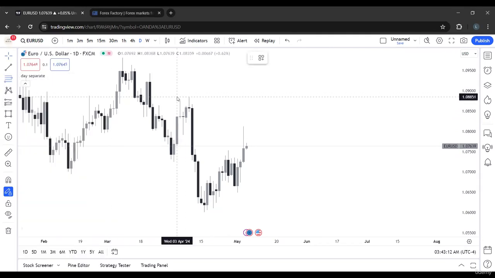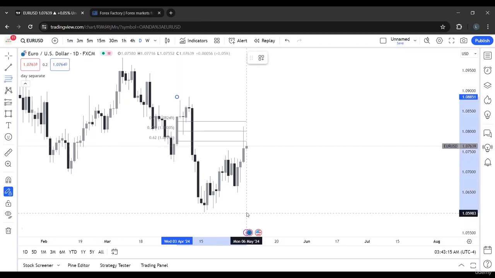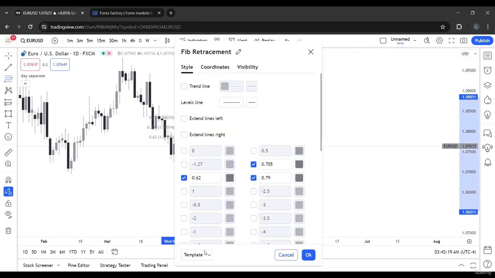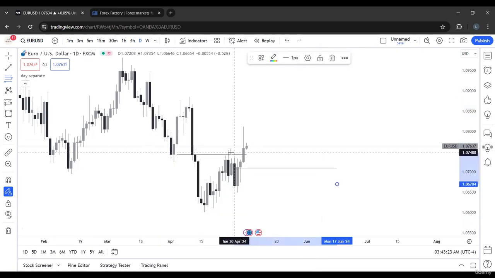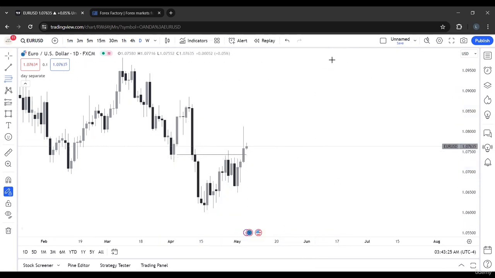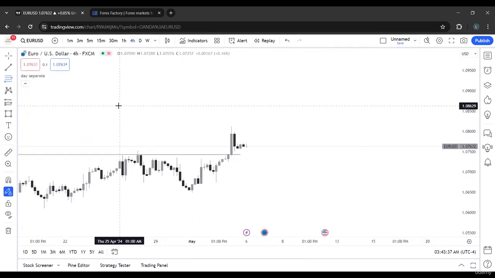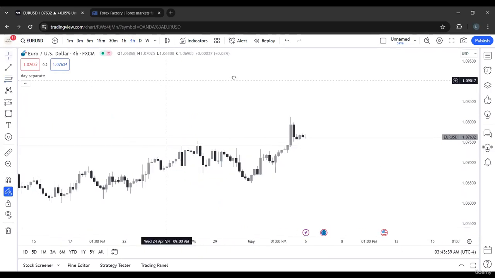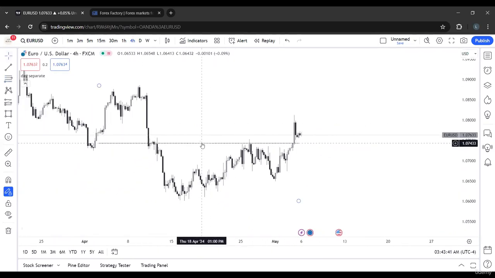Let's measure from here to here. Going to grab the 50% template right there. So we have equilibrium right there. So keeping in mind that price is looking to rebalance this inefficiency, let's drop down to our 4-hour chart. So we have equilibrium right there.